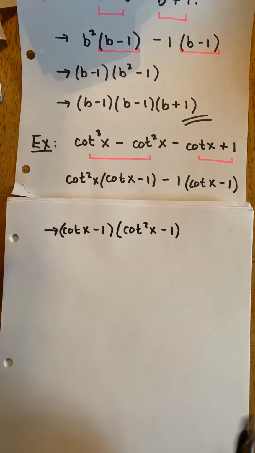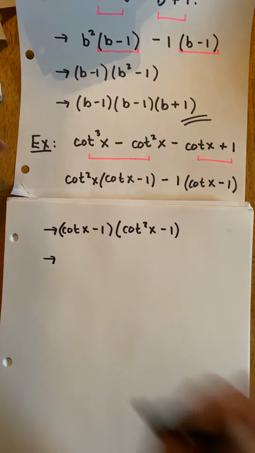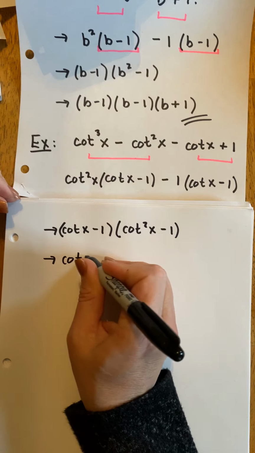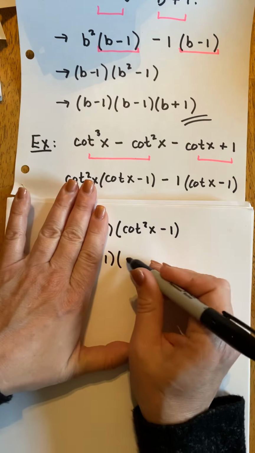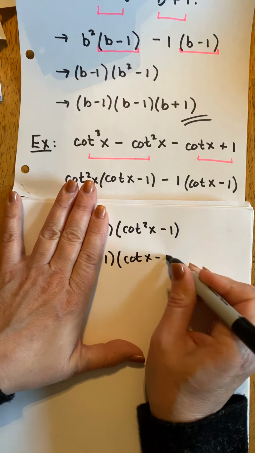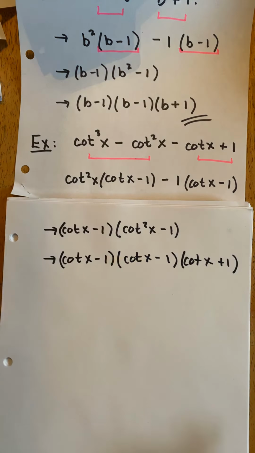And then this is the difference of squares. So just like we're following this format here, instead of b's, we have cotangents. Cotangent of x minus 1. And then this piece is the difference of squares. Cotangent of x minus 1, cotangent of x plus 1. Boom.